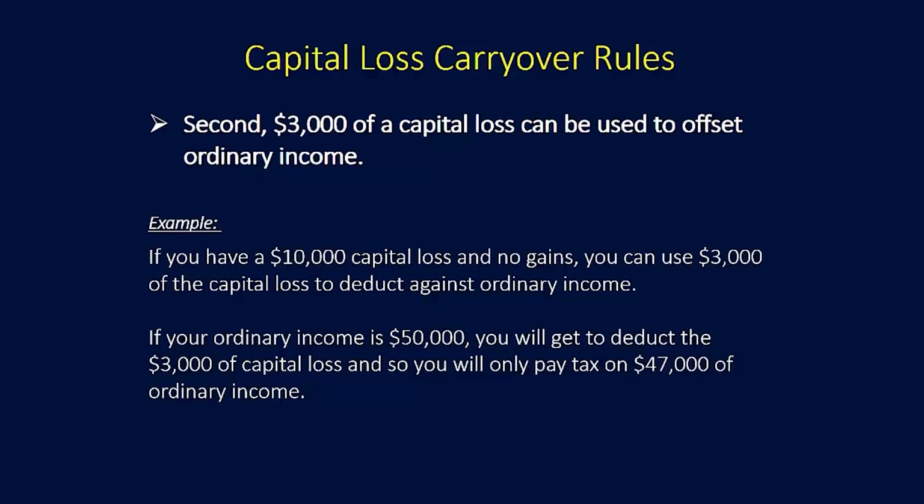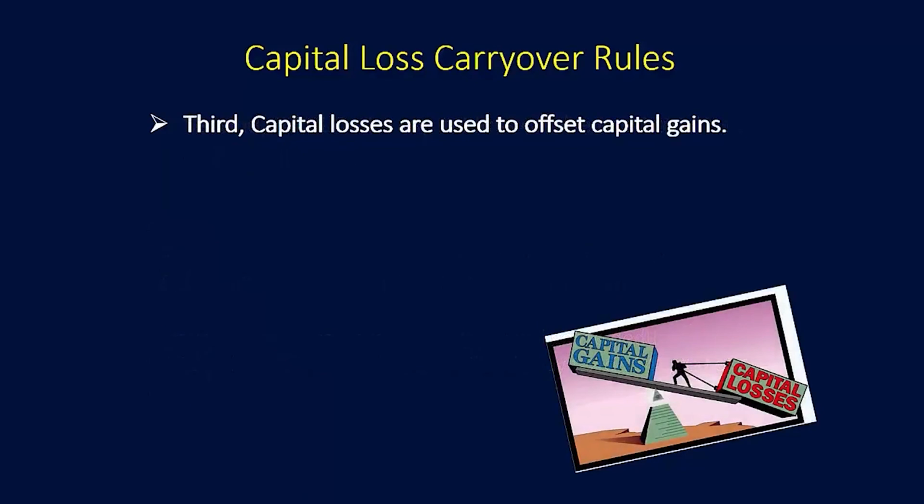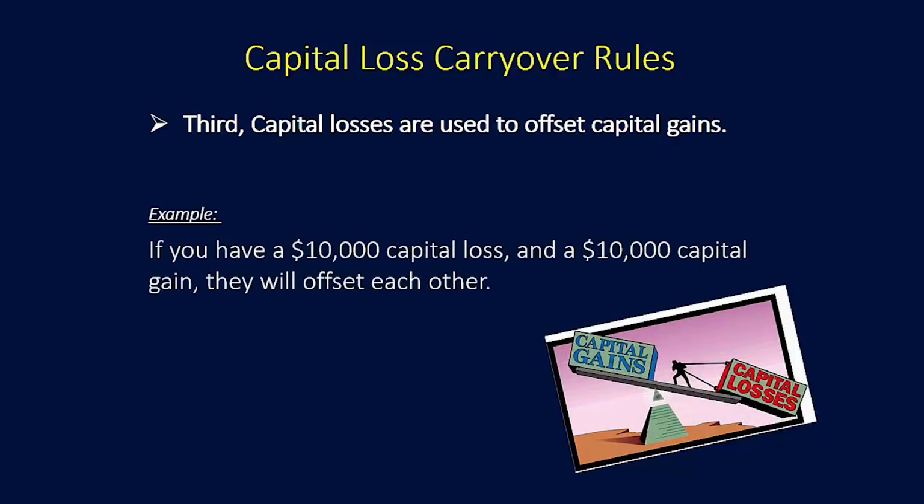If your ordinary income is $50,000, you'll get to deduct the $3,000 in capital loss, and you'll only pay tax on $47,000 of your ordinary income. Third, capital losses are used to offset capital gains. For example, if you have a $10,000 capital loss and a $10,000 capital gain, they'll offset each other.